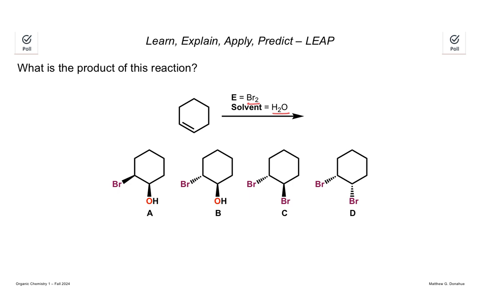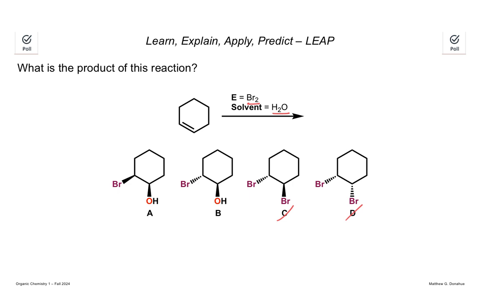So I think I heard C. Which other one? So C and D. And again, the reason you can eliminate those is because you've added two bromines. The solvent in this case has to be incorporated into the product. So that leaves A and B.